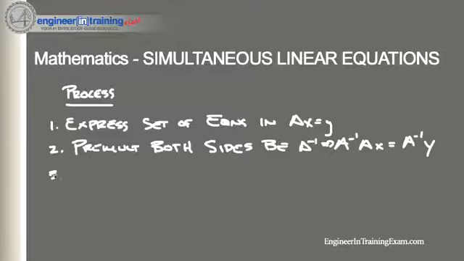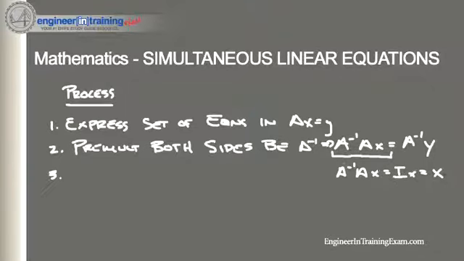And number three, since we know that this operation right here, the inverse matrix of A times A is equal to the identity matrix I times the matrix X, which is equal to X, because the identity matrix does not change the form of any matrix.